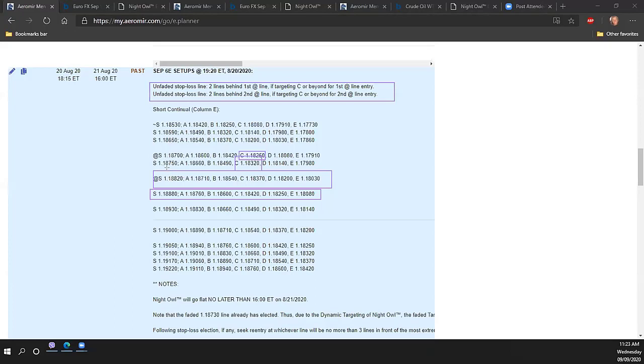If market stops you out at 1879 and then turns around and goes down in the night owl direction, you're on the sidelines. And market is going the way night owl foresaw that it would go. Your best chance when that happens is to take one of these entries in front of the at line, but of course they will be at worse prices. So for that reason, always take care that your stop is somewhere behind the second at line.